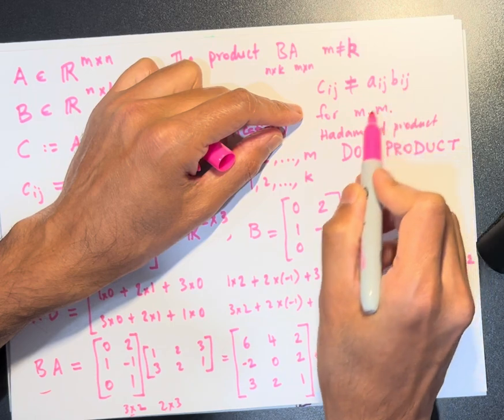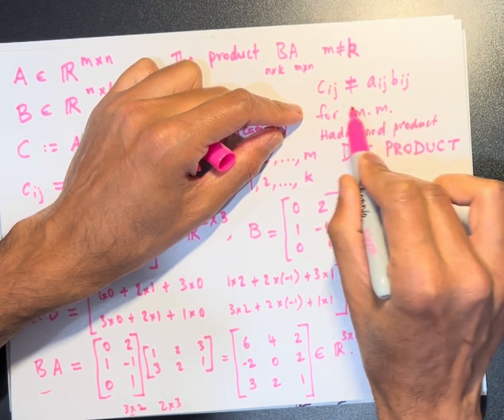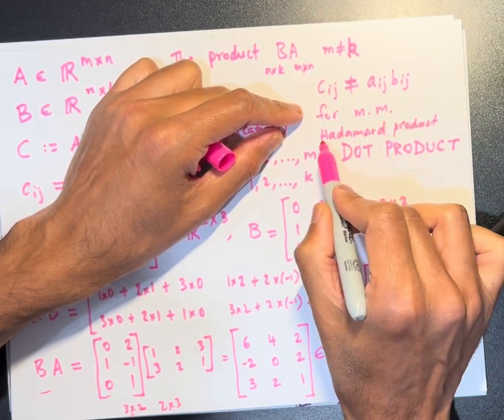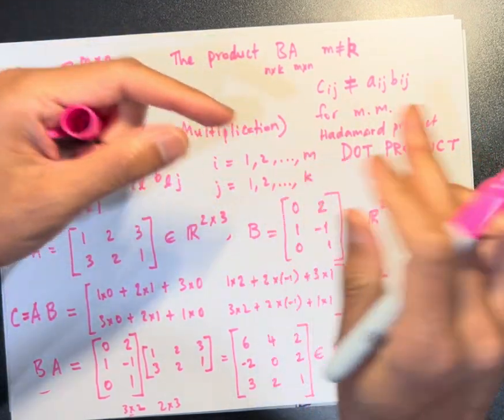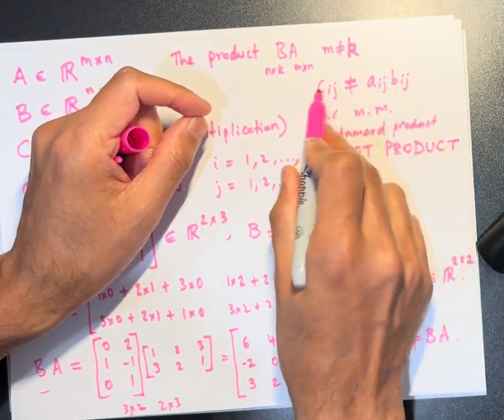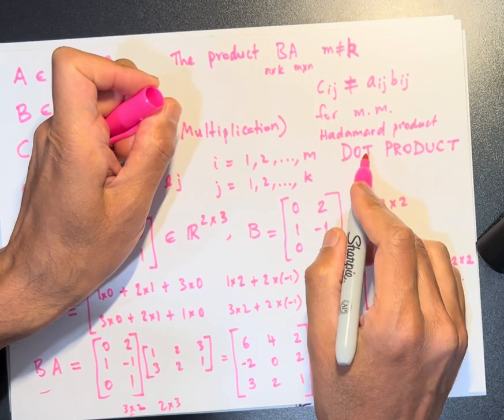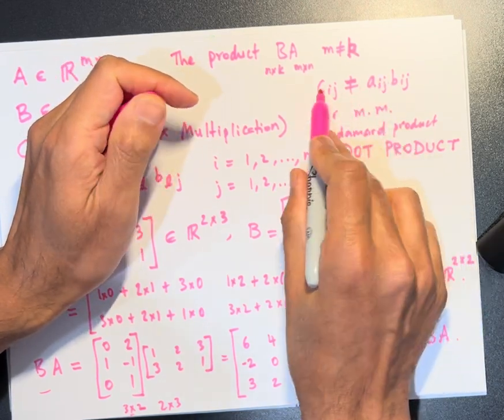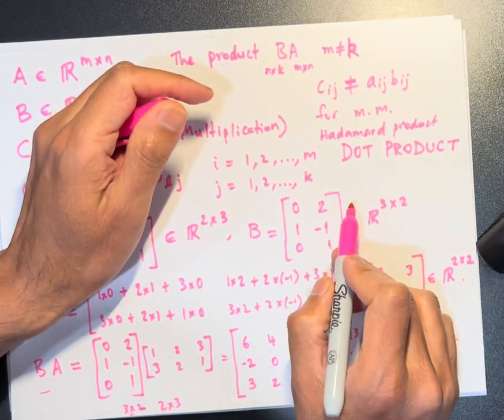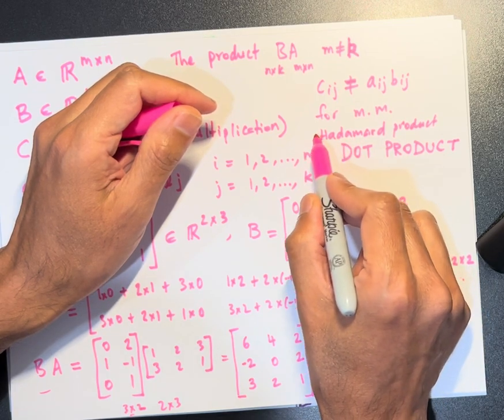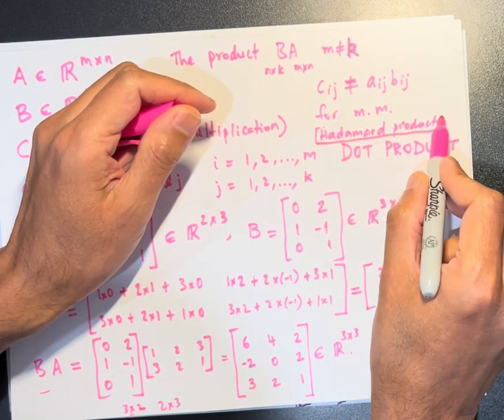It is in fact defined this way, right? Cij is actually equal to Aij Bij, where you just take the elements. In that case, obviously you need to have the same dimension for both matrices. That is another thing, right? So if they are not the same dimension, then even that is not defined. So Hadamard product is different, right?